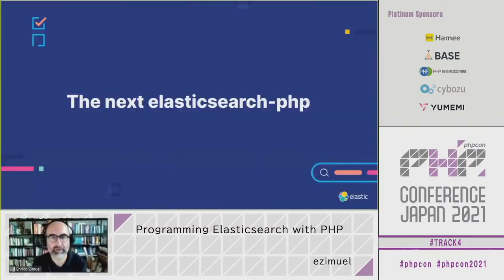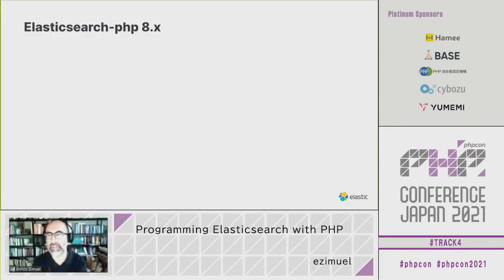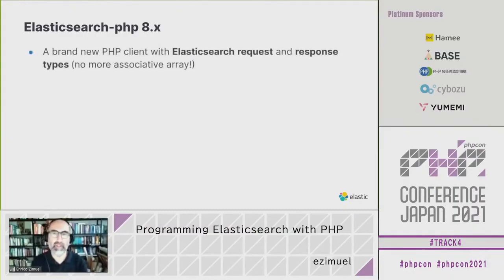Okay, so now I'm finishing my presentation. I would like to talk a little bit about the future work that we are doing for the next major release, that will be the 8th version, released next year. So next year we will have Elasticsearch 8, and we are working to offer a better Elasticsearch-php client.